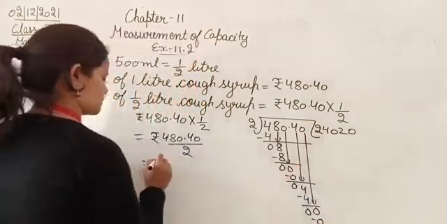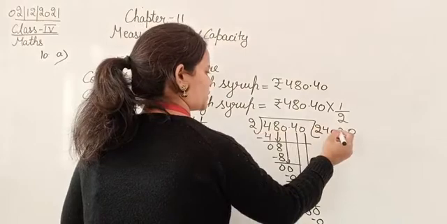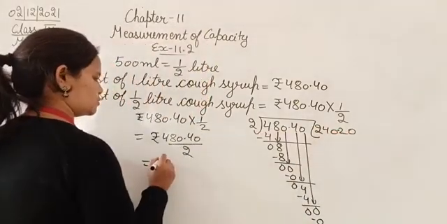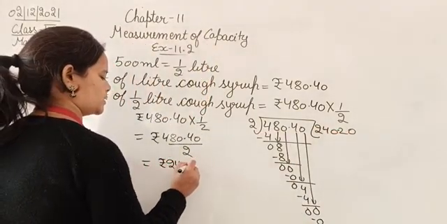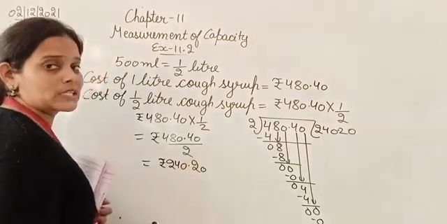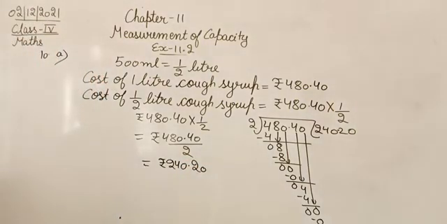So this is 240 rupees and 20 paisa. So this is the cost of 1/2 liter of cough syrup.